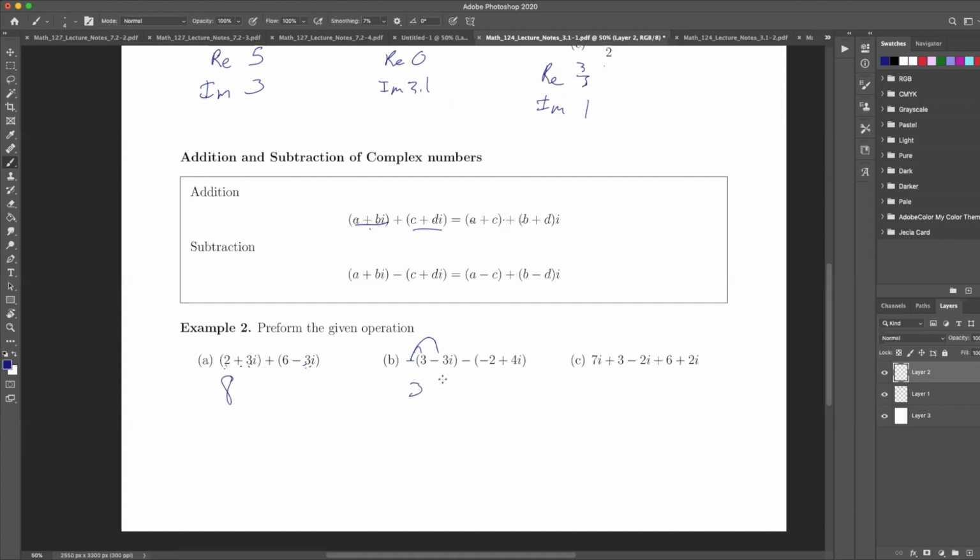So here I have -3 minus, so it'll become plus 3i. Then I move in the negative, this will be plus 2 minus 4i. And so when I do this, -3 plus 2 will give me -1. And this 3 plus -4 gives me -i.